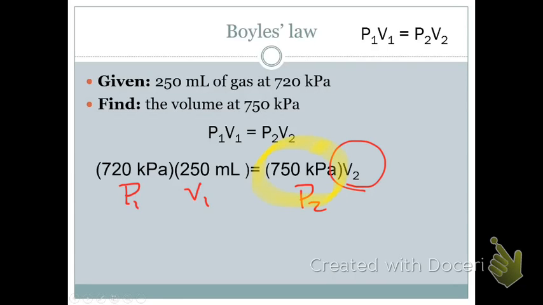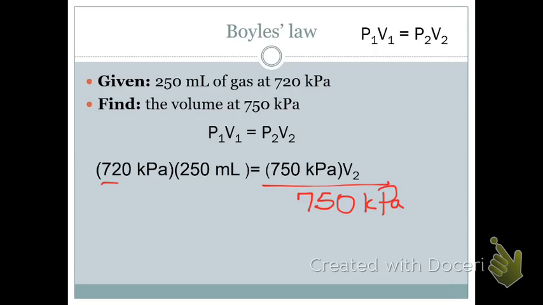So how would we do that, of course? Easy. Algebraically, we're going to divide both sides by 750 kilopascals. They cancel out on this side, leaving just volume 2, which is what we want.